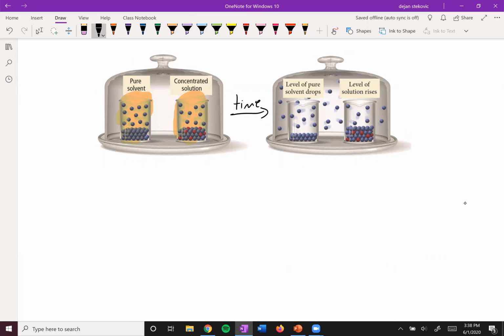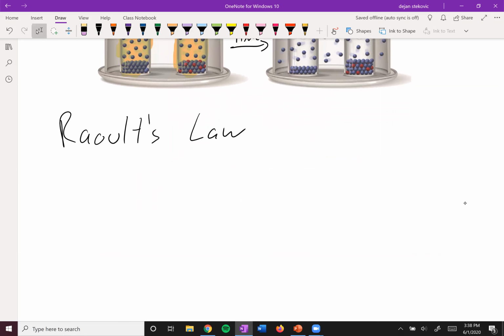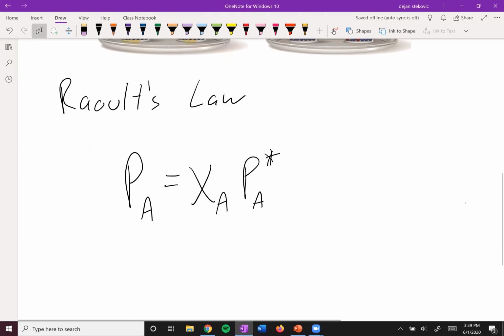And so this is summarized in what's known as Raoult's law. What Raoult's law says is that the partial pressure of a gas is equal to the mole fraction of it times the pressure of the pure gas. So it's P_A, the partial pressure of gas A, is equal to the mole fraction of A times P star of A. And so the star indicates a pure solvent, right?